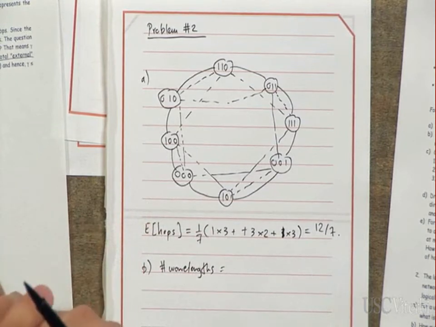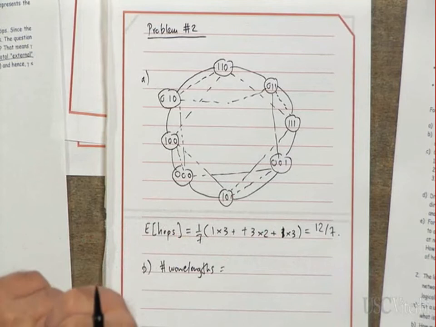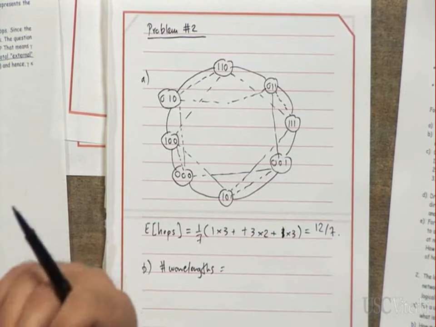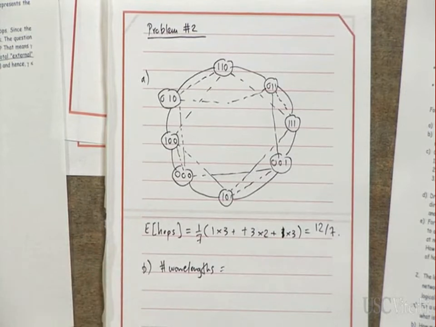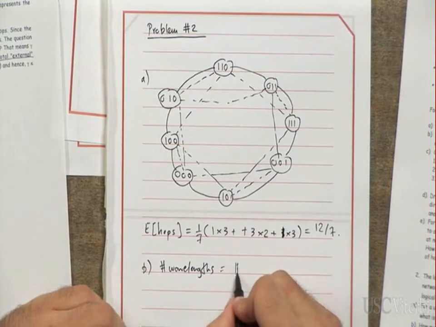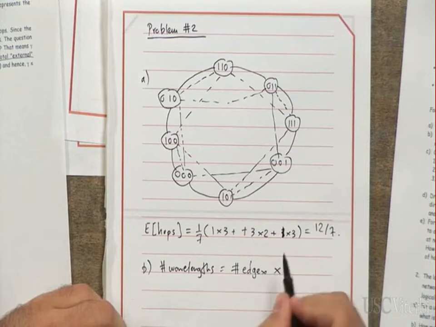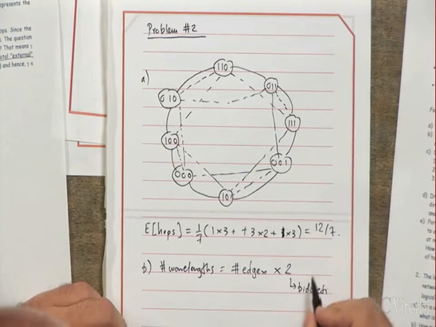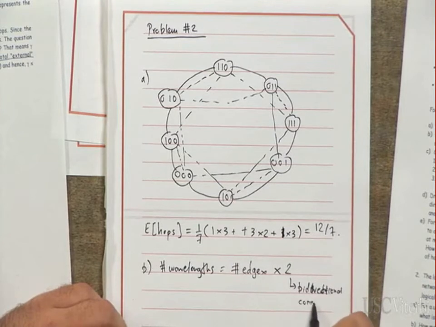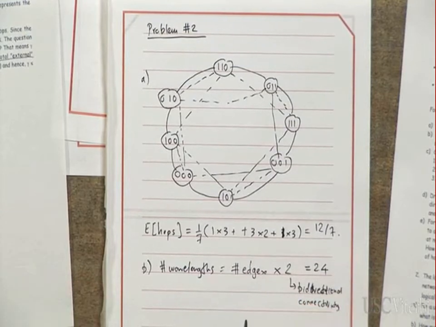So if you want to support bidirectional connectivity, how many wavelengths do we need? 24, right? Double, because of the bidirectional connectivity. Number of edges times 2 for bidirectional connectivity equals 24.